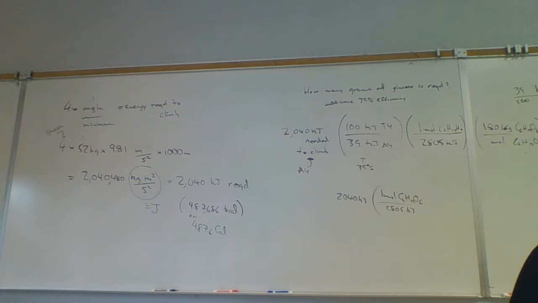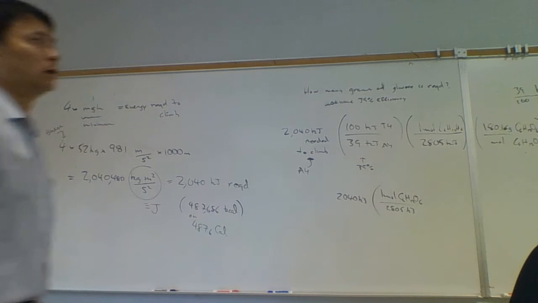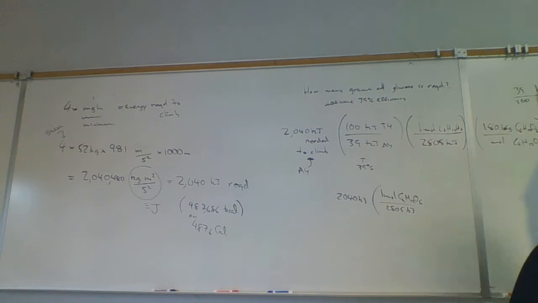This is something that somebody's determined. They look at the efficiency of respiration, that is metabolizing glucose. The total energy is 2,805 kilojoules. So somebody figured that out. Then times 180.16 grams per mole of glucose.